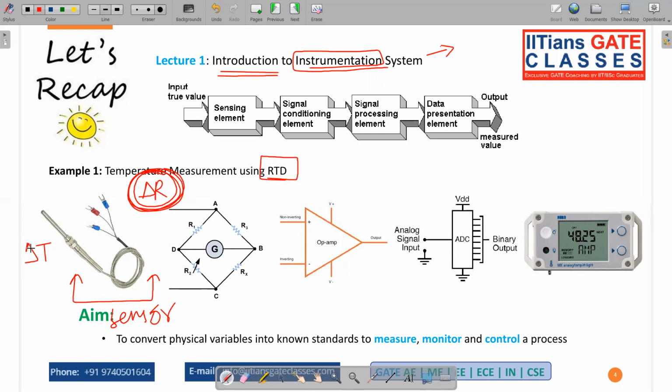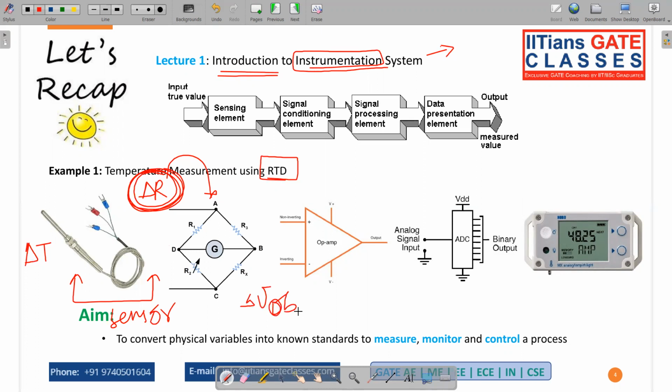We took the next block as the Wheatstone bridge, because we want this change in resistance to be converted to a suitable quantity, and the suitable quantity could be voltage or current. We used the Wheatstone bridge to convert our change in resistance to a change in voltage.